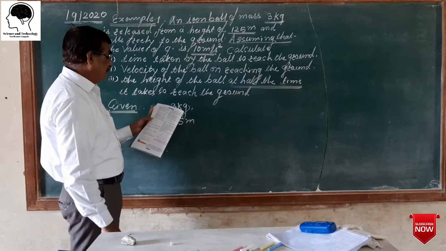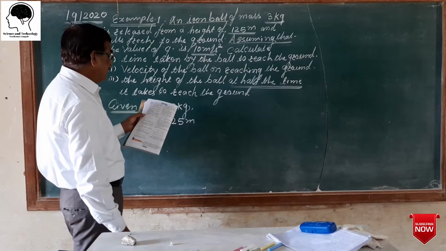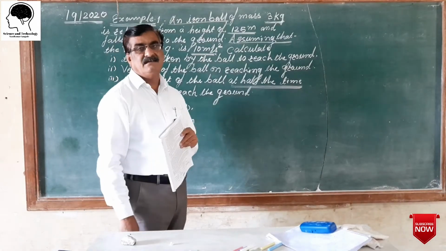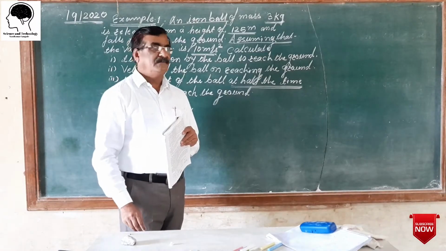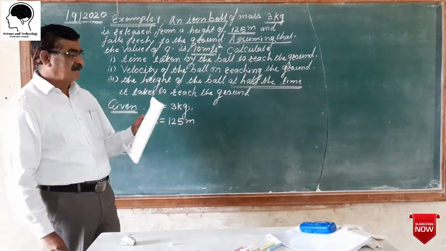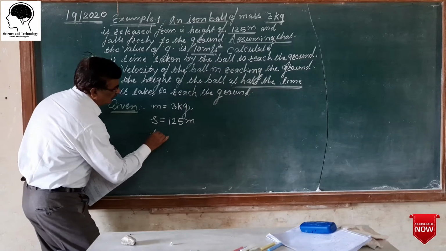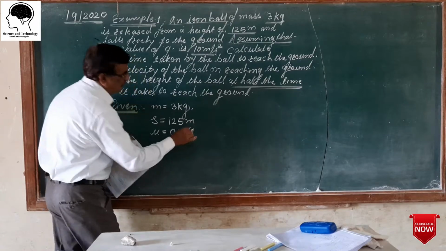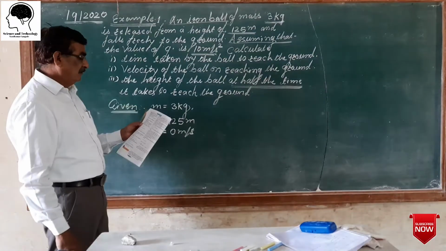Then the velocity of the ball, that is the initial velocity, where it reaches a certain height, and after a fraction of a second it starts to fall. That initial velocity, that means u, is 0 meters per second, before falling to the ground.